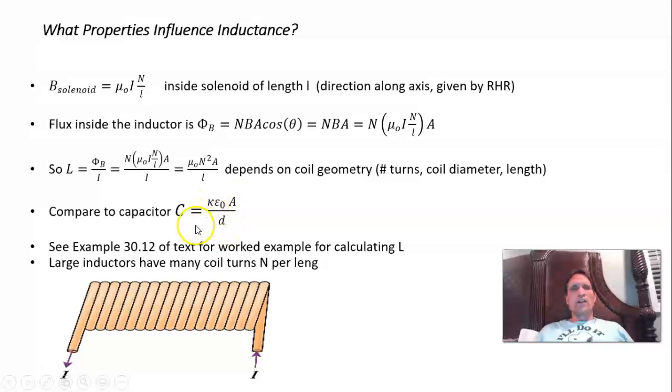So that also depends on geometry, just like inductance depends on the coil's geometry, okay? So the amount of flux that is in the loop divided by the current is a property of the coil geometry. And so if you want large inductors, you have more large turns per area.